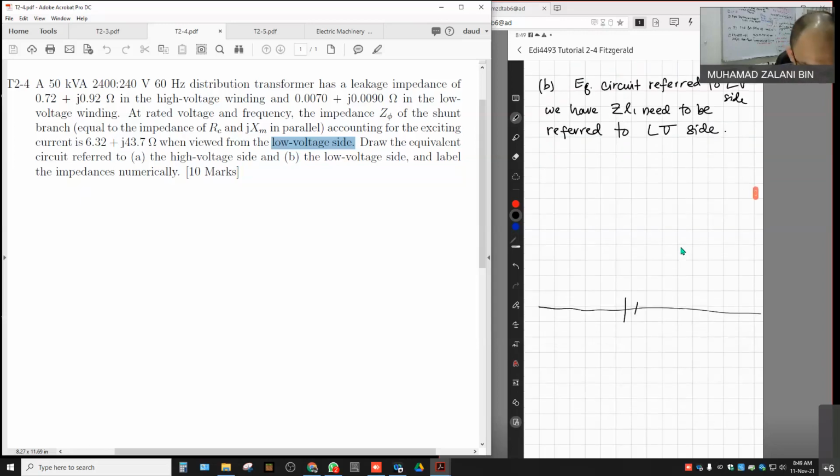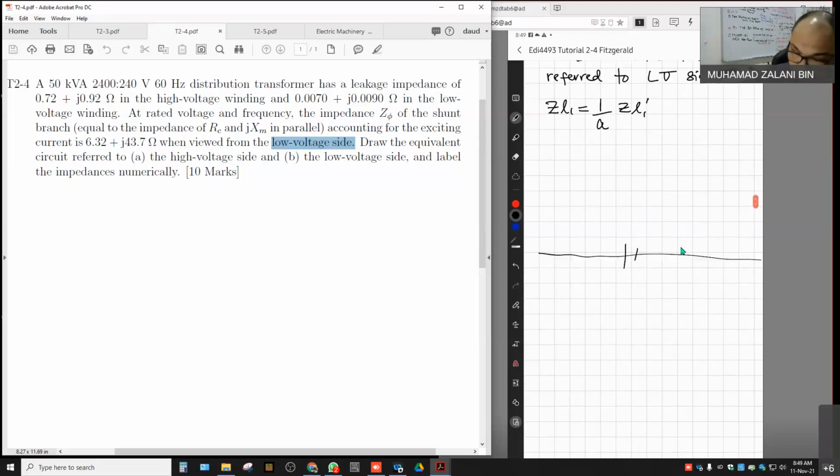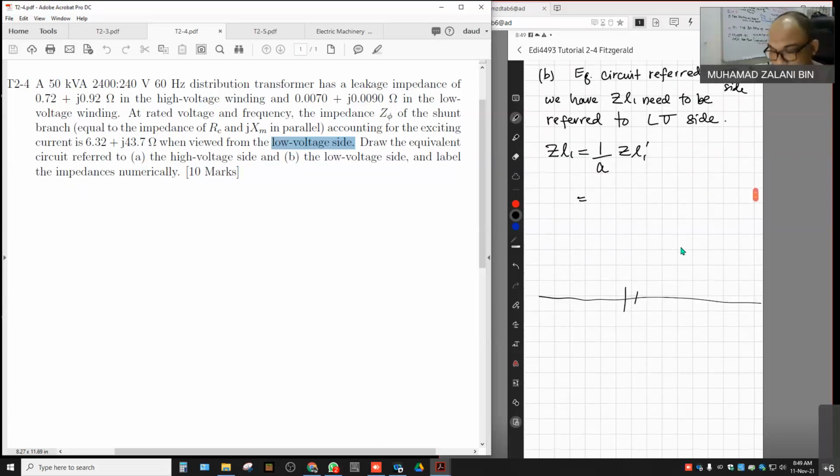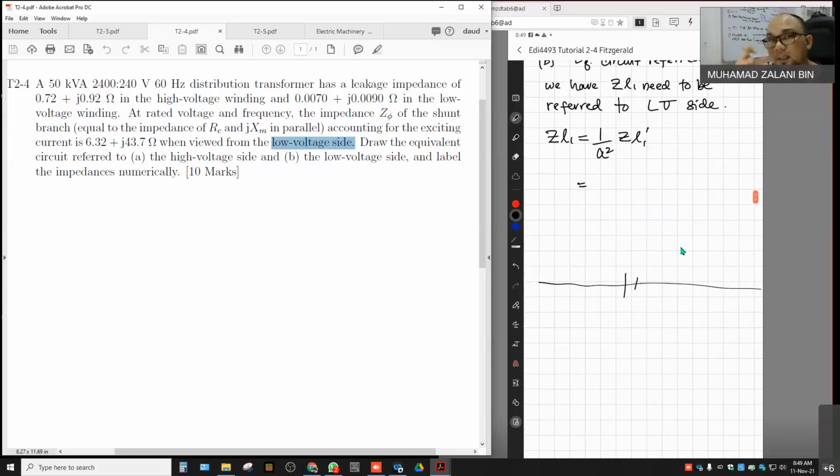So if you want to refer ZL1 to the low voltage side, we can use the formula to find ZL1 prime. Okay, so this formula is the same. So the ratio is 10 to 1, this is A squared, 10 to 1 is 100. So 1 over A squared is 1 over 100. So 1 over 100 is 0.01.